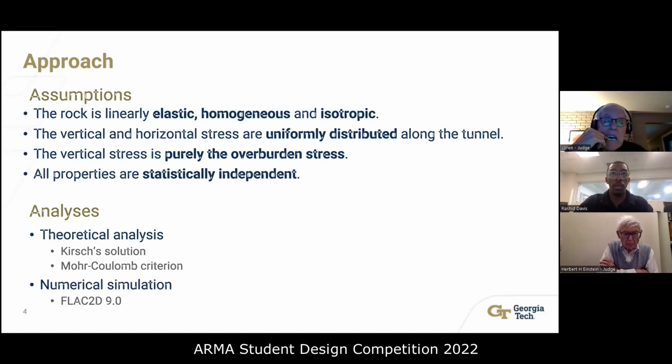The analysis that we used was a Kirsch solution to determine the stress condition around the tunnel. Based on the Mohr-Coulomb failure criterion and the tensile strength, the factor of safety, and the probability of slip of the fault, we were able to get all our solutions from a theoretical standpoint. For our numerical simulation, we used the program FLAC2D.